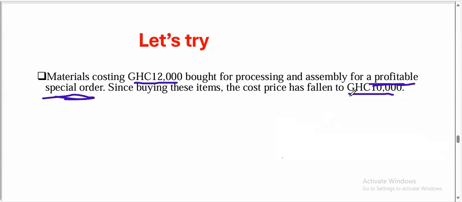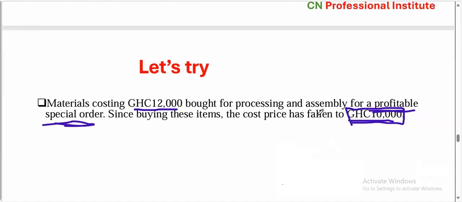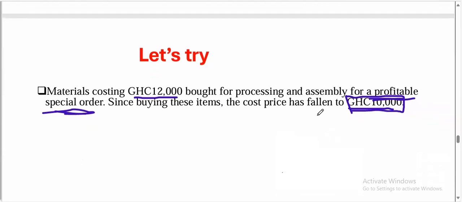It's in the standard. And also, this 10,000 is not the selling price of the inventory. The rule is that we use the lower of cost and net realizable value, so this 10,000 is not the net realizable value. So we have to use the 12,000. The reason is very simple: the order is profitable, so we don't write down the inventory below 12,000.